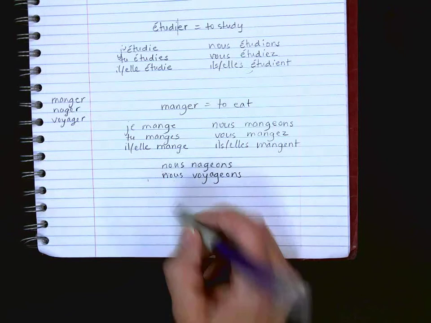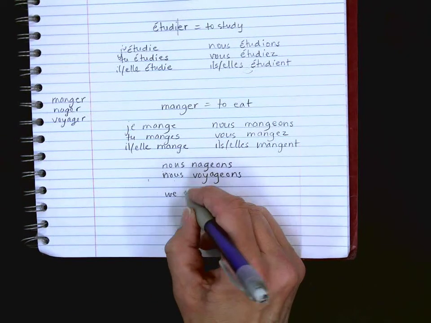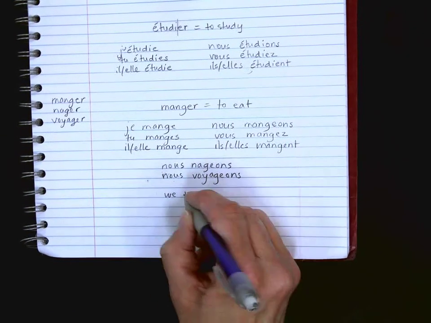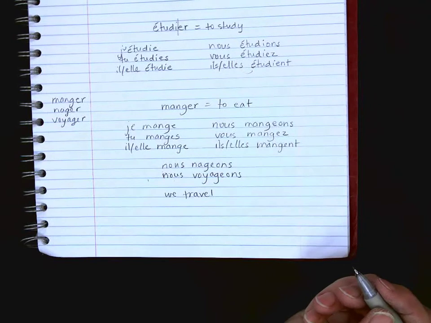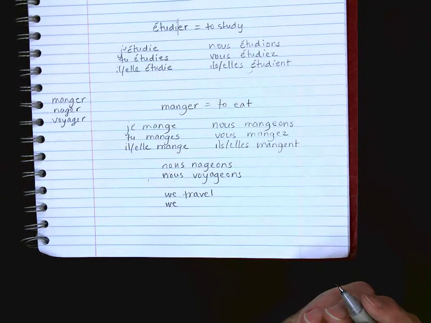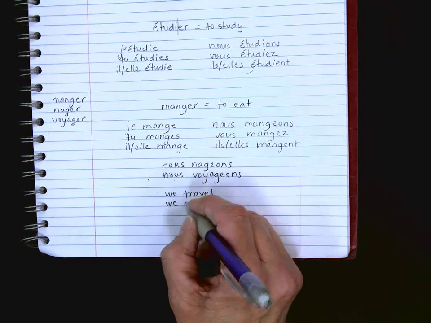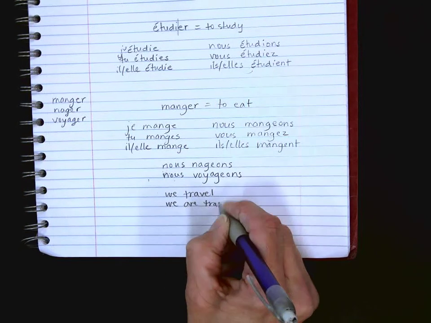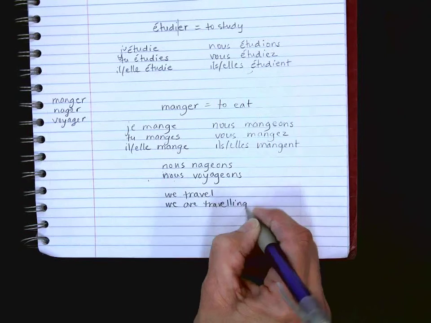So, nous voyageons means we travel. What else might it mean? There are three ways to say the present tense in English. What else might it mean? In English we say we are traveling in the present tense also.